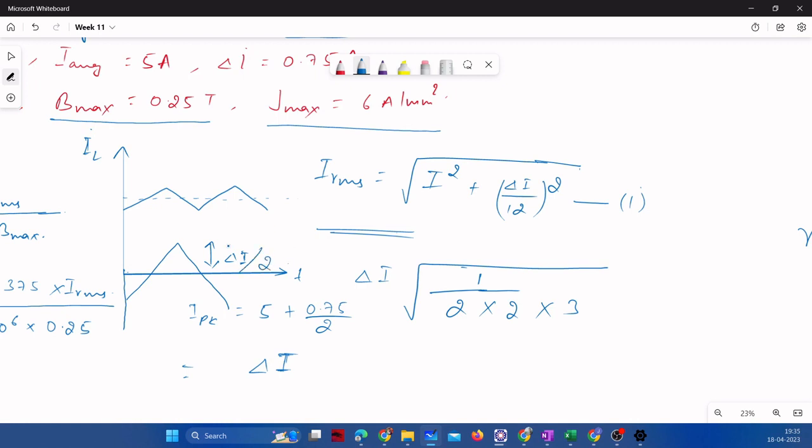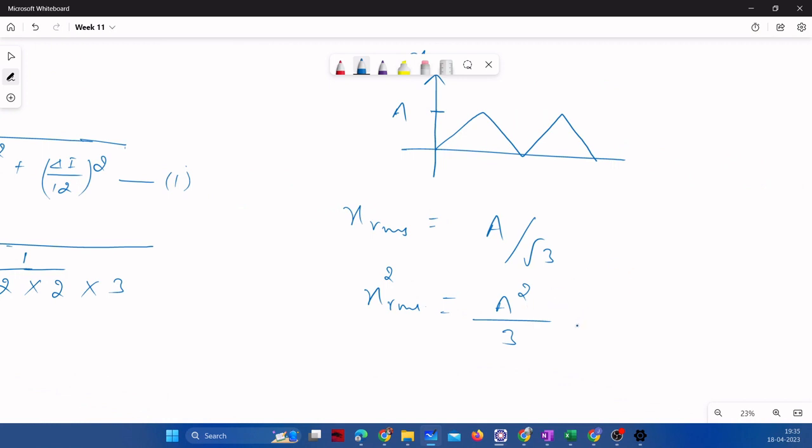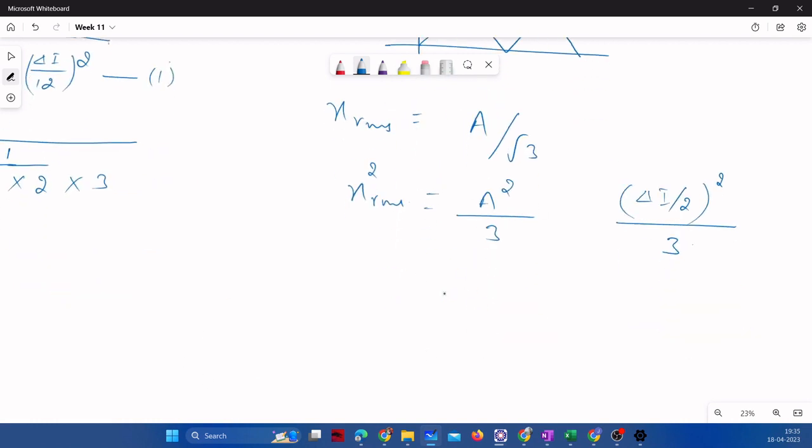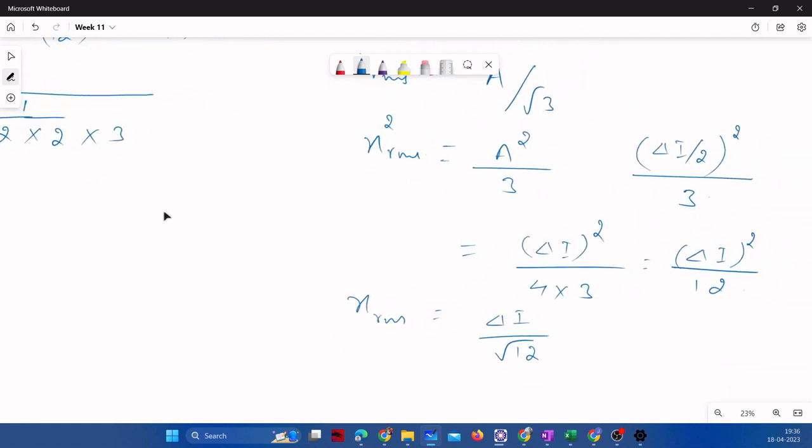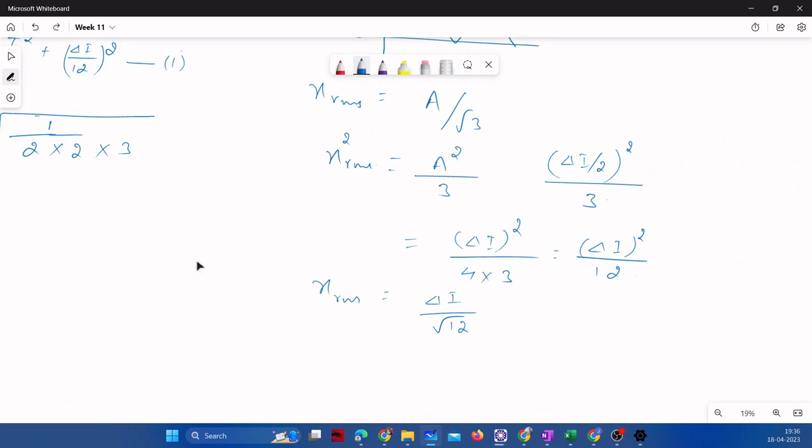So in place of A, I write delta I by 2, squared, divided by 3. That gives delta I square divided by 4 into 3, which is delta I square by 12. So x RMS is delta I by root 12. That's how I concluded it. Isn't it easy?